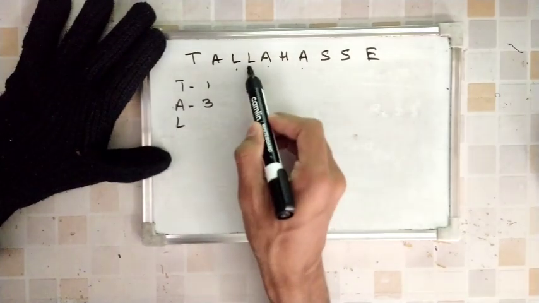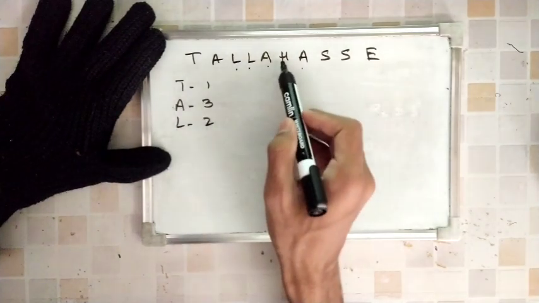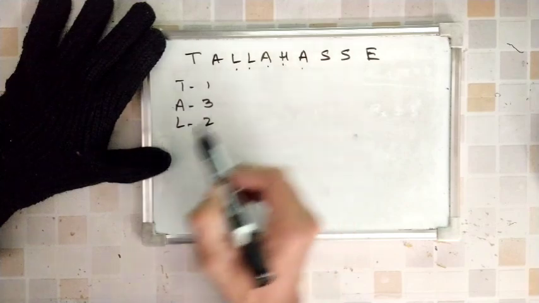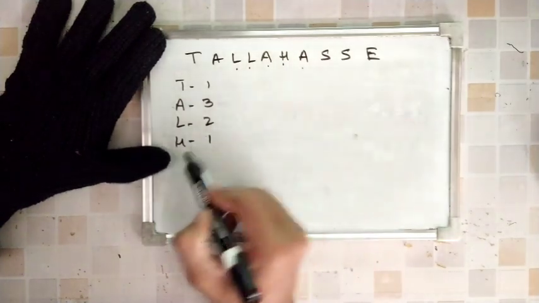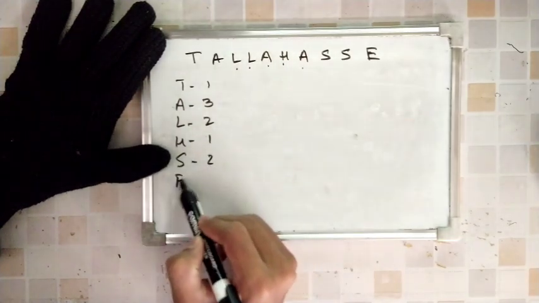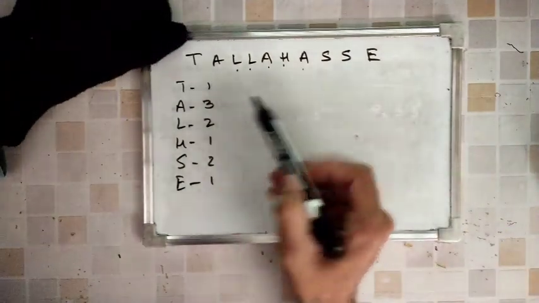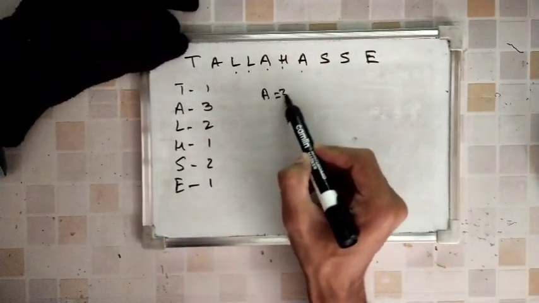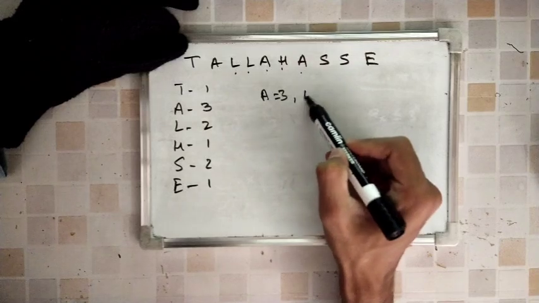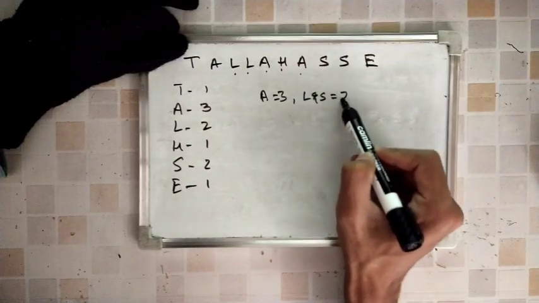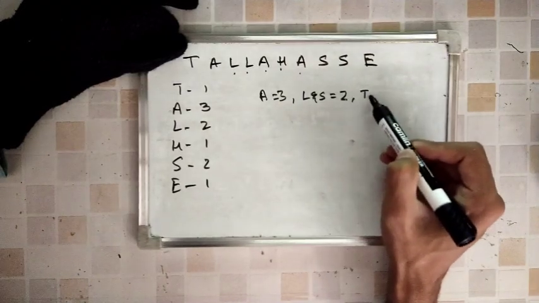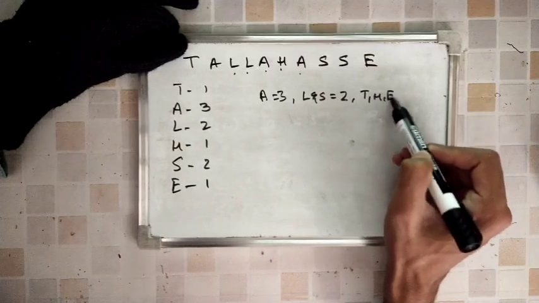L 1 time, 2 times, only 2 times is L. H is only 1 time. S is 2 times, E is 1 time. Am I right? So I can write A is 3 times, then L and S as 2 times each, then T, H, E as 1 time each.